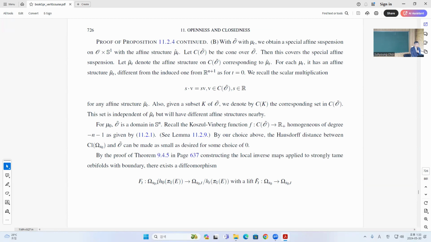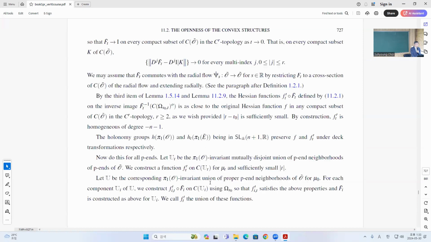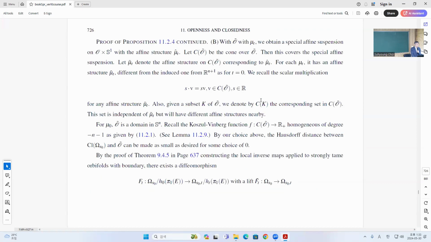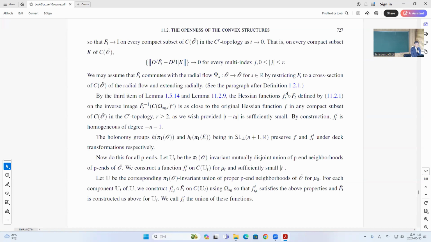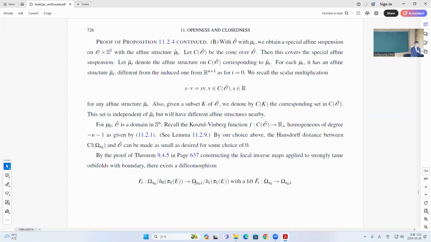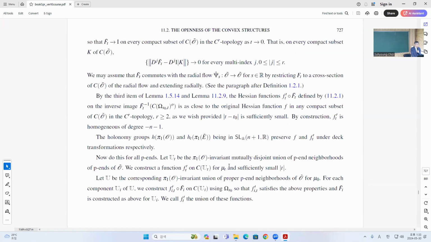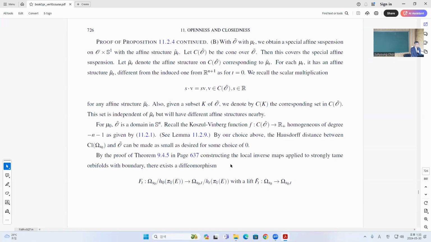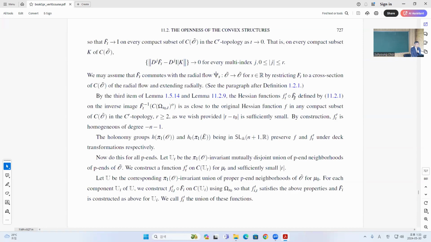Okay, so there is this diffeomorphism, and so now you find the new Hessian function for f prime t for this omega tilde omega ts, this Kosovo-Bimberg function for this new one.